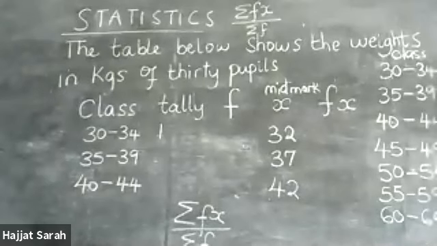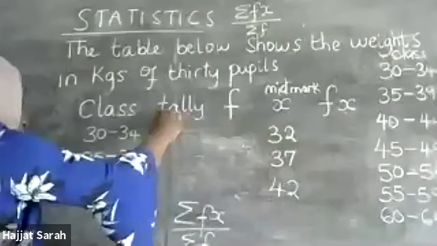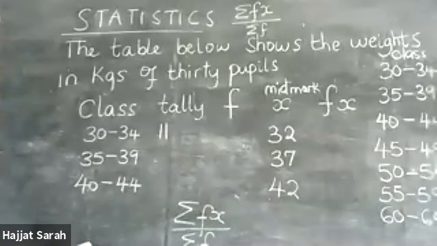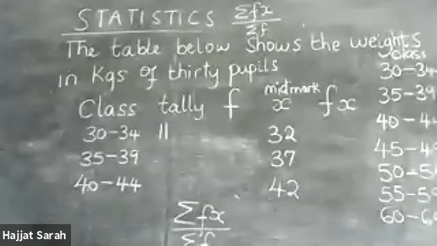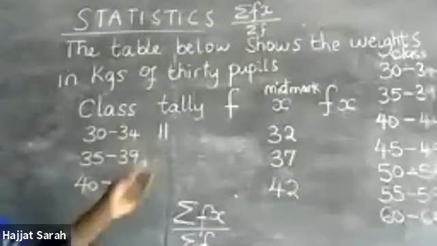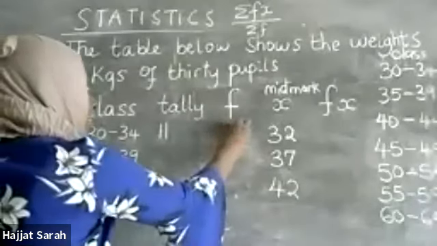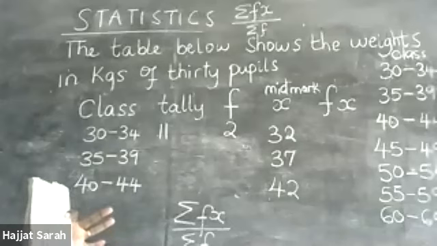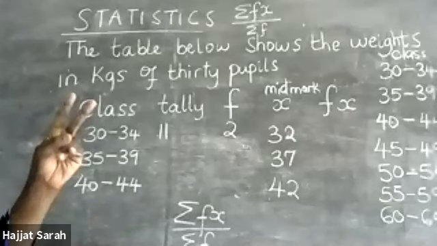Then another figure in that range is 32. You write 32 there. I think they are the only 2, okay? So in your tally, you identify how many figures are in this range. Then finally, under frequency, what do you write? That in the range of 30 to 34, I have 2 figures.